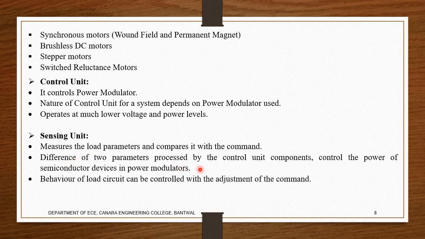The difference between these two is given as the control signal. So as per the requirement, it acts. Usually the behavior of the load can be controlled with the adjustment of the command. Whatever the command is, it is compared with the sensing unit output obtained from the load.